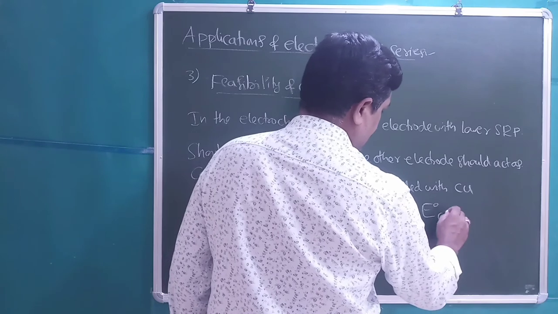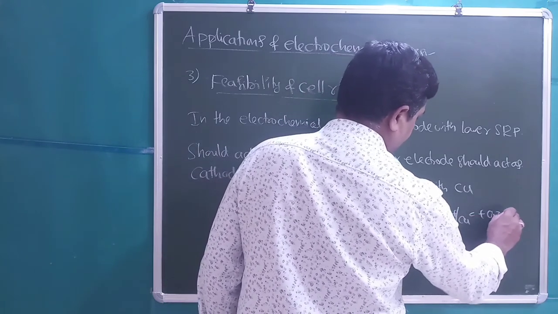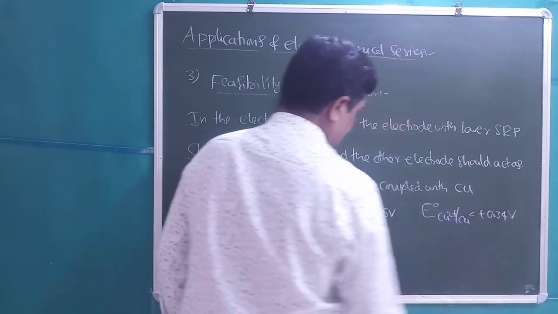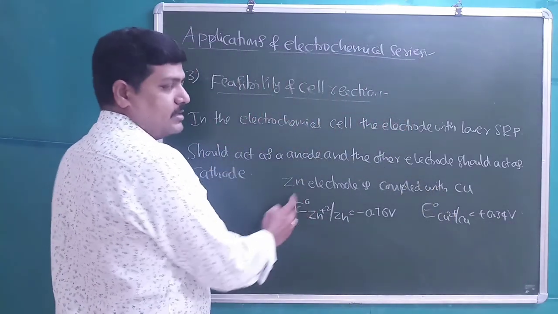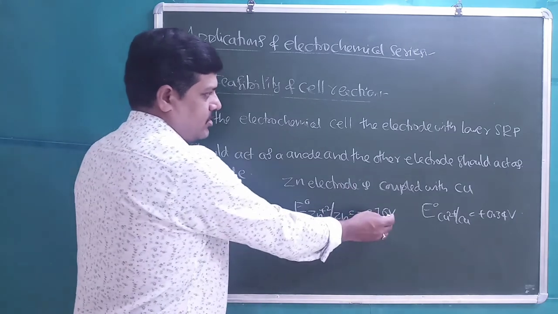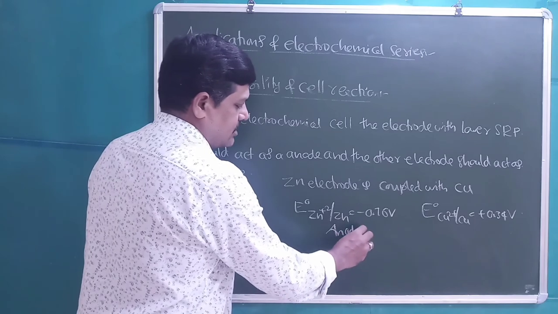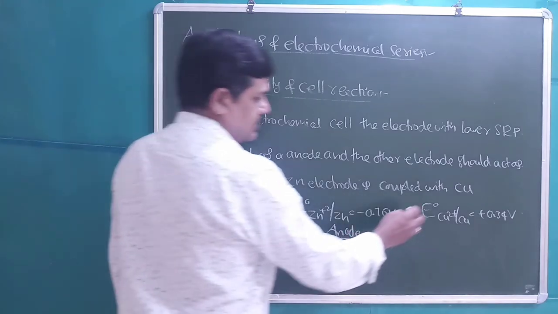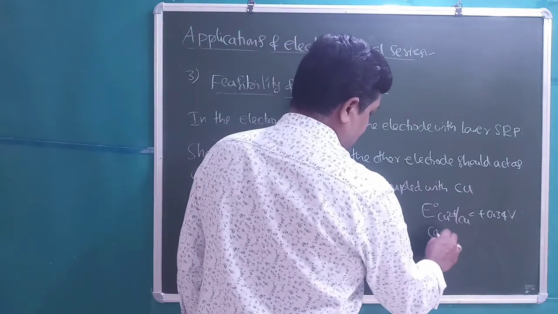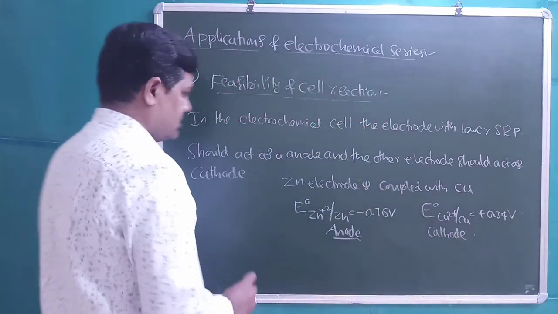E naught Cu2 plus slash Cu is equal to plus 0.34 volts. Then when the zinc electrode is coupled with copper, the electrode with the lower reduction potential should act as the anode. It should undergo oxidation. The other one should act as the cathode. Then only the cell reaction is feasible, right?